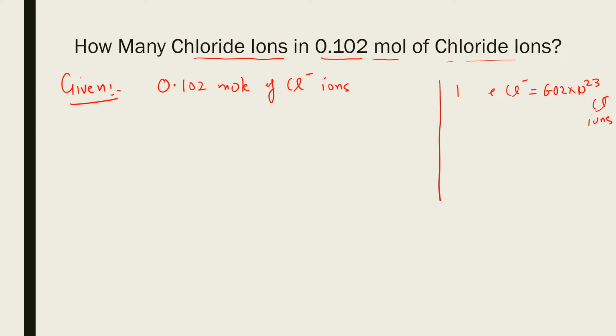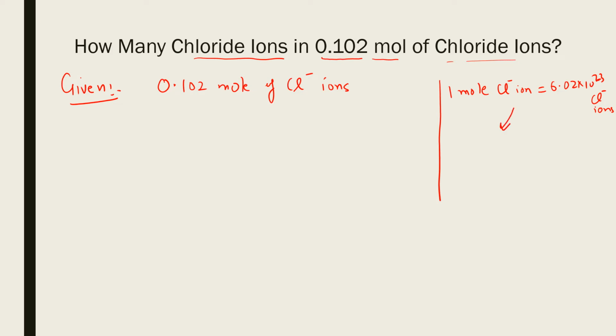Let me clean this up a little bit more. So 1 mole chloride ions is equal to 6.02 times 10 to the 23 chloride ions. 1 mole equals 6.02 times 10 to the 23, or Avogadro's number. So from this relationship, we can write two conversion factors.